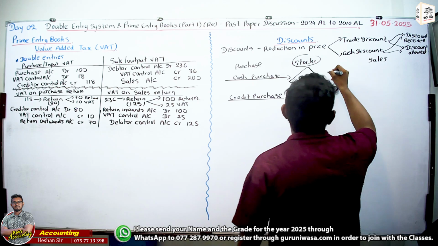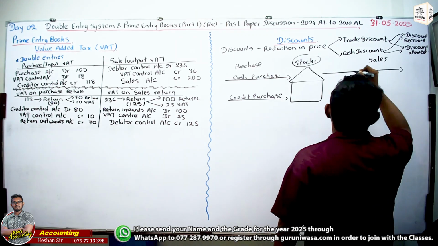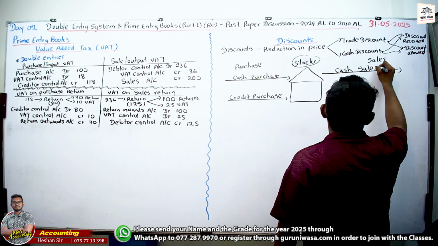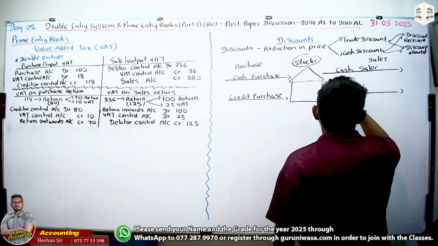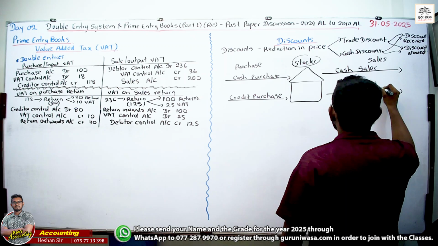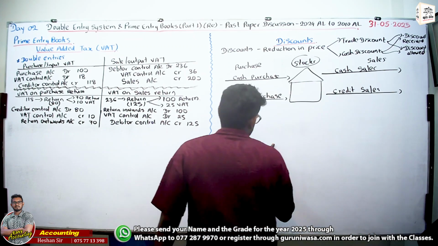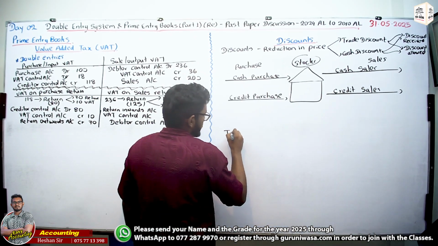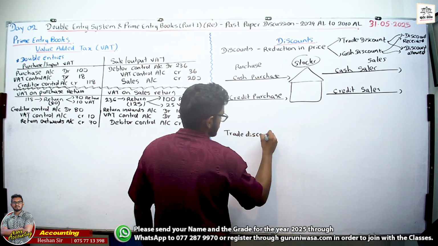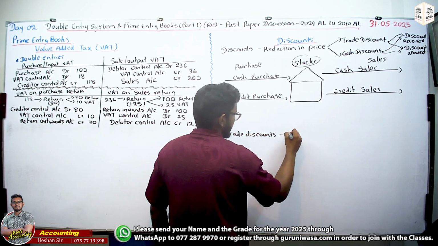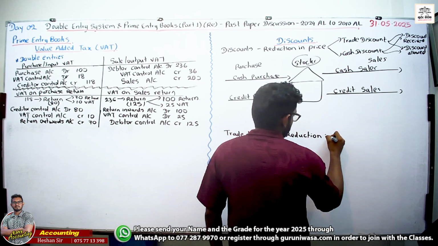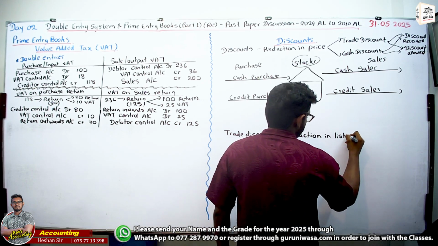Stocks can be sold to the consumers, cash sales and credit sales. Trade discount means reduction in listed price.